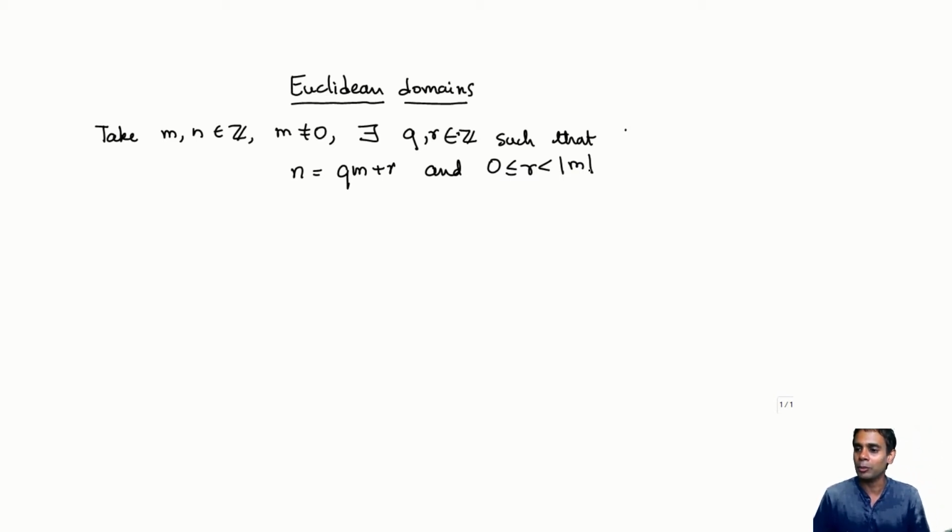So we allow here m to be positive or negative. This is very useful, for example, in finding the GCD of two numbers.